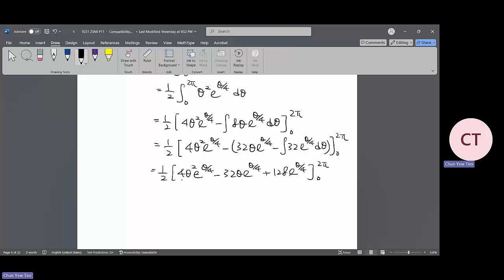Now what I need to do over here is to substitute the value inside. I get 16 pi squared e power pi over 2 minus 64 pi e power pi over 2 plus 128 e power pi over 2, minus the 0, plus the 128.